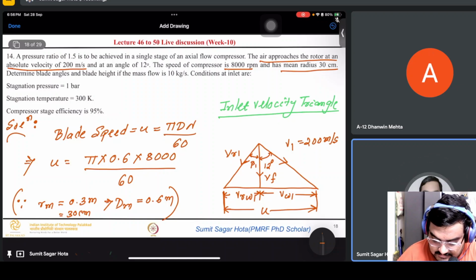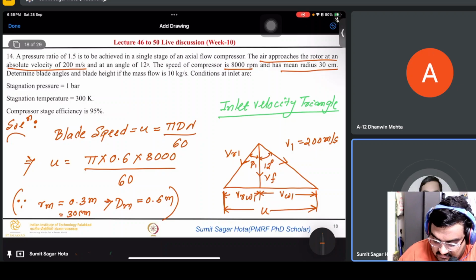We have U, and if we have Vw1, then we can calculate Vrw1. Now we have Vrw1 and we have Vf.